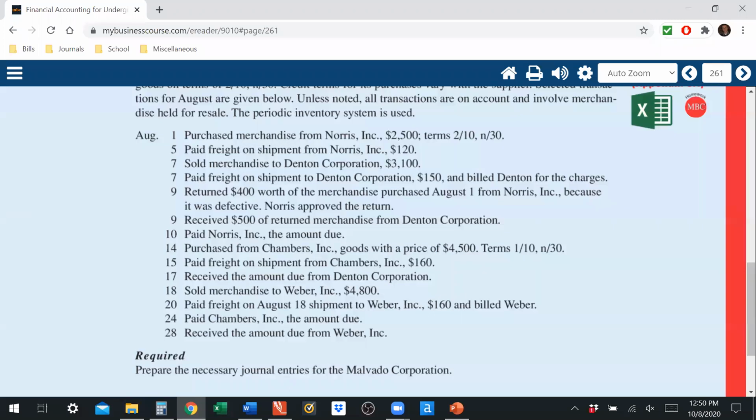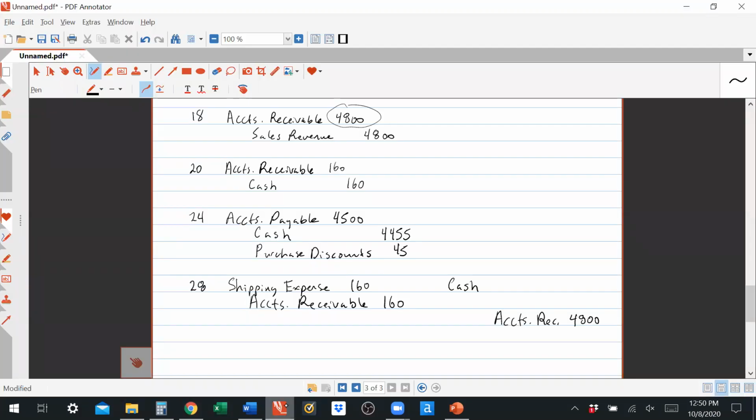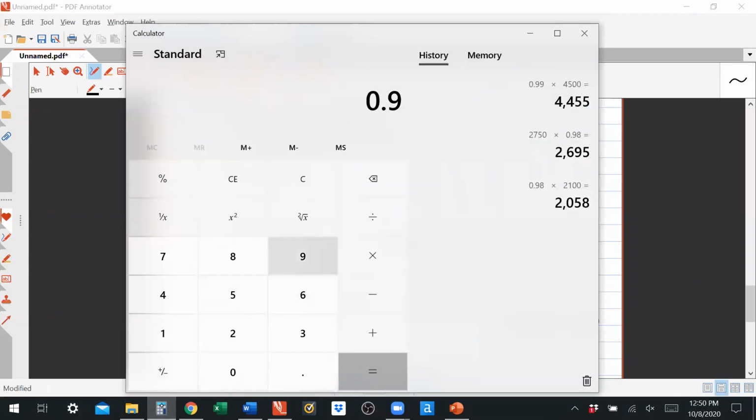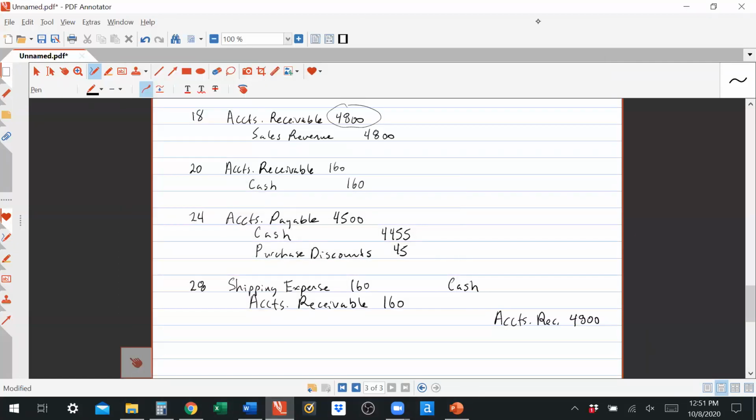So we're only going to get 98% of the 4,800. So 98% times 4,800, 4,704. And the difference is debited to sales discounts, which is a contra sales revenue account. The difference being $96, it looks like.